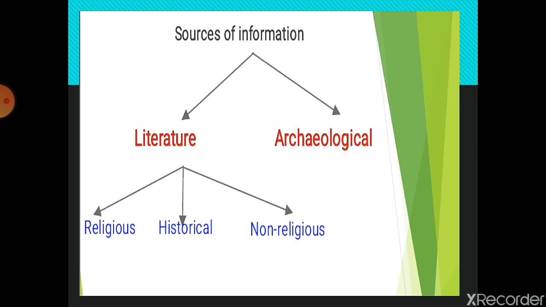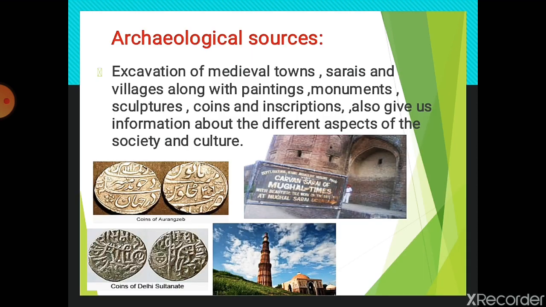In this lesson, we are going to discuss what we mean by literary sources and archaeological sources, and the different sources of information which come under them. So let's begin. The first one is archaeological sources.